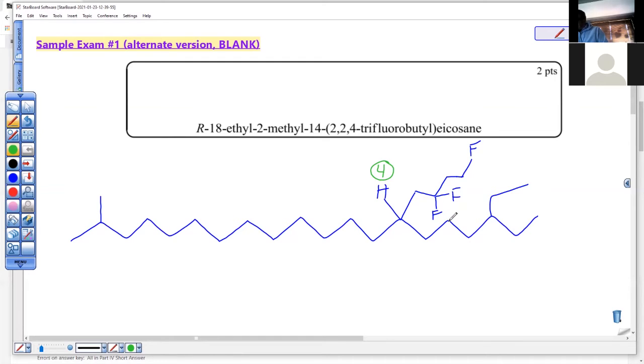What's the heaviest thing on this second carbon? A C. What's heavier? An F, mass 19 grams per mole, or a C, mass 12 grams per mole? Answer: F is heavier than C. That F is being compared to this carbon, the same distance from the stereocenter, making this group a higher priority.